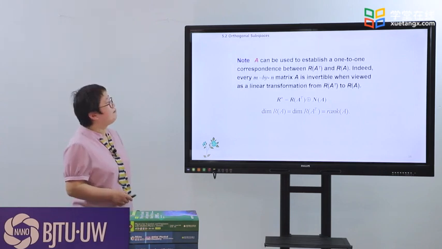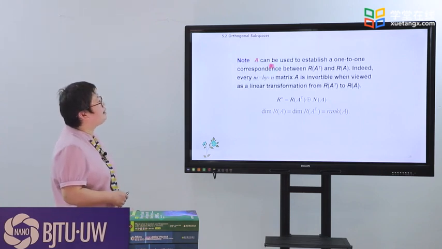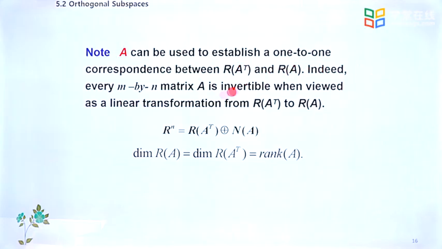Note, a matrix A can be used to establish a one-to-one correspondence between R(A transpose) and R(A). Indeed, every m by n matrix A is invertible when viewed as a linear transformation from R(A transpose) to R(A). Given an arbitrary matrix A, if you consider this linear transformation, it may not be invertible.